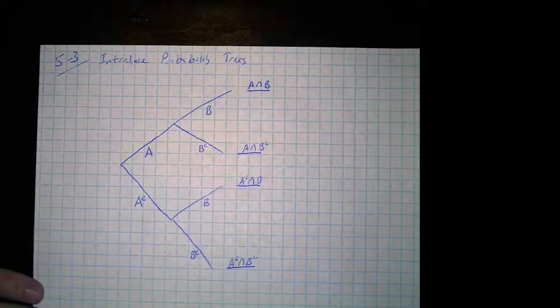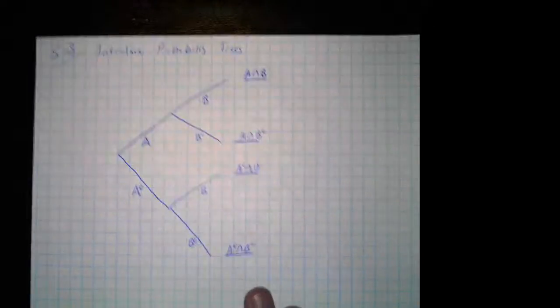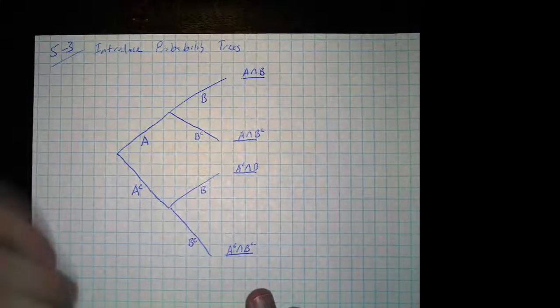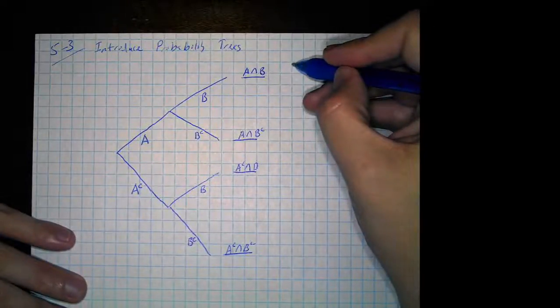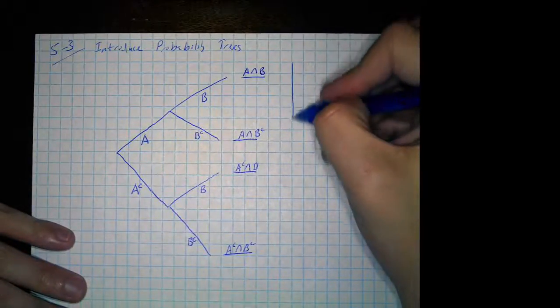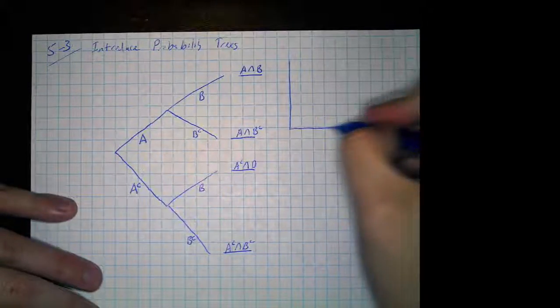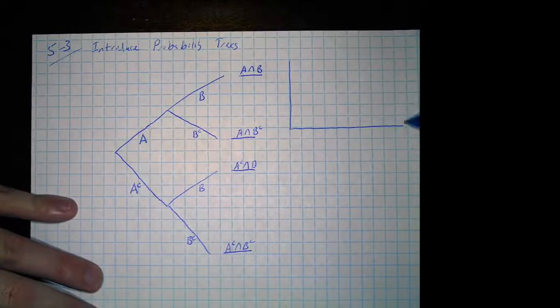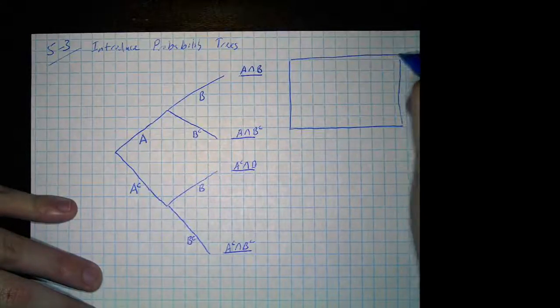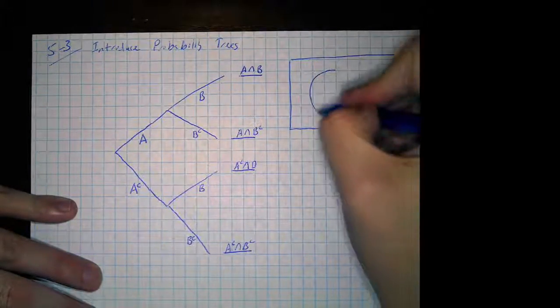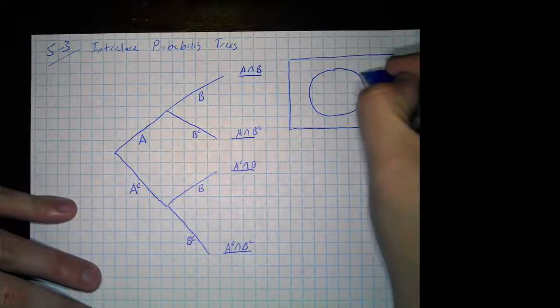Really, for those of you that really loved Venn diagrams, or you loved two-way tables, if those are things that you just totally got, I'm going to try to connect these.